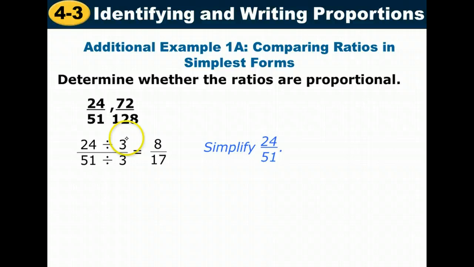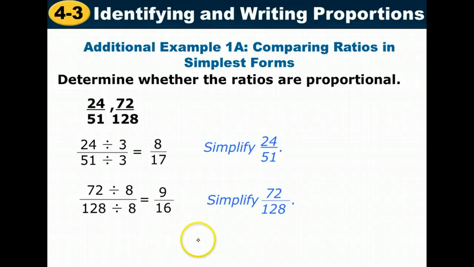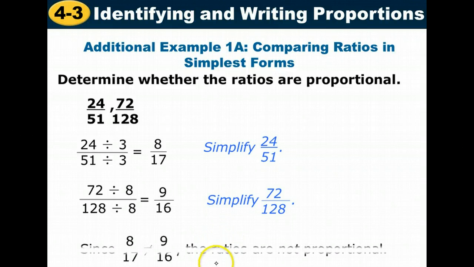We reduce this by their GCF and we get 8 to 17. And now we simplify 72 over 128 and we get 9 to 16. So will those two be proportional? No. They are not proportional because they do not equal one another.